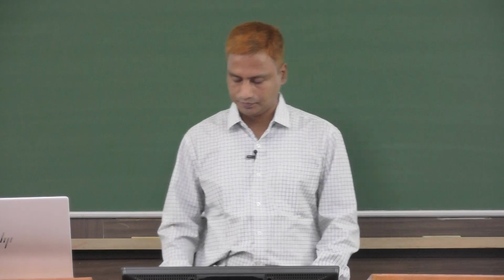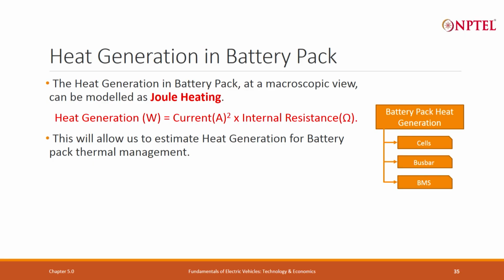And how does it impact? Then its cell, wherever the current is flowing. In cell, we are taking the current out or putting the current back inside. Then bus bar, current flows through that one, and in the BMS. So, these three things are basically a major source of heat generation inside a battery pack.